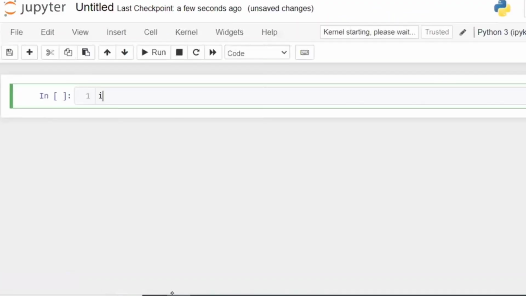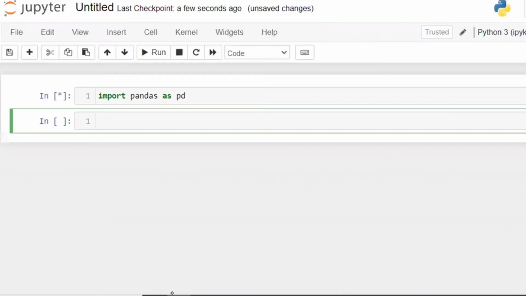Now, import pandas as pd. And I'm going to create pd.DataFrame by considering a dictionary with key x, and the values as a list of 1, 2, 3, 4, 5.